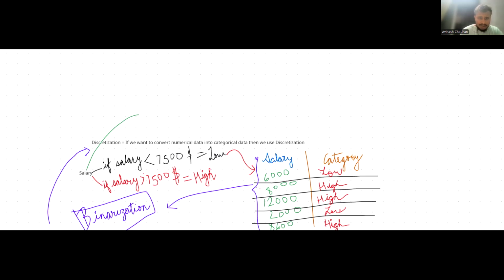And if you want to add a new category here, for example, instead of 75, if we are doing 95,000, then it will be high.